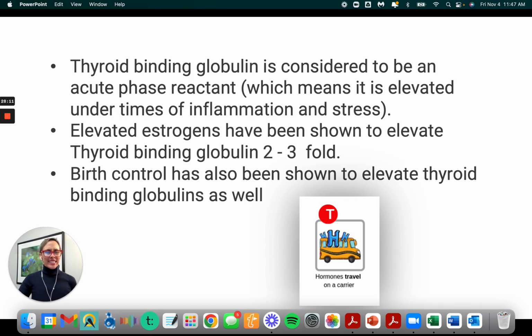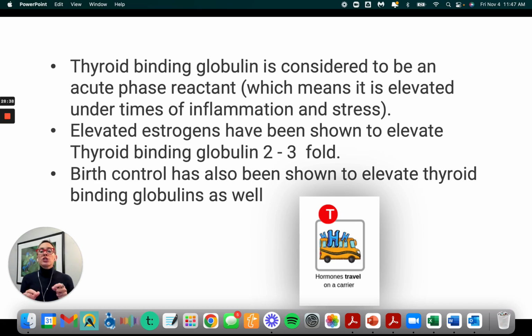So this is interesting. Thyroid binding globulin, the bus that thyroid hormone binds to, is considered an acute phase reactant, which means when the body's under stress or inflammation, the binding globulin goes up. What happens when there's more binding globulin? More thyroid hormone is bound, and when it's bound, it cannot be used as active hormone, right?